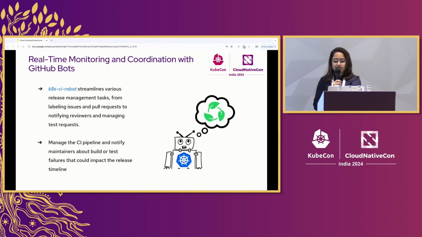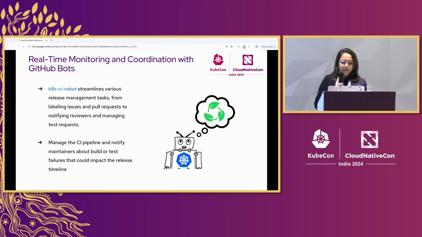Then there comes KCI Robot, which also helps in automating a lot of release management tasks, like labeling all of the issues, and notifying the users who are working on the pull requests, or the reviewers who are responsible for reviewing the PRs. So it makes it easier for people to keep track of the work, because there's a lot of work and a lot of people putting their work in every day.